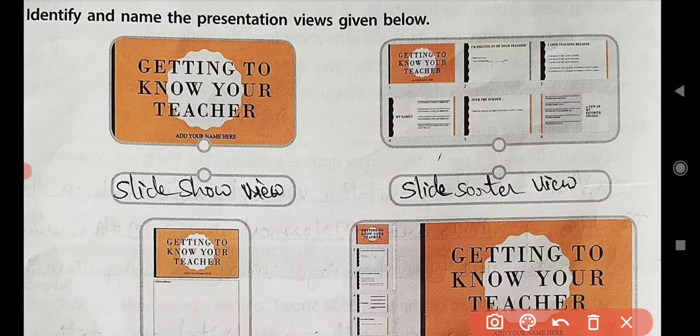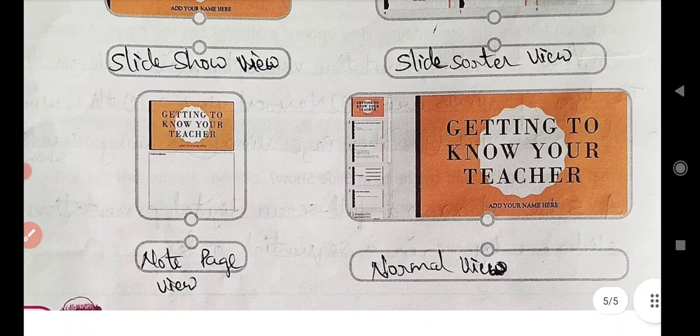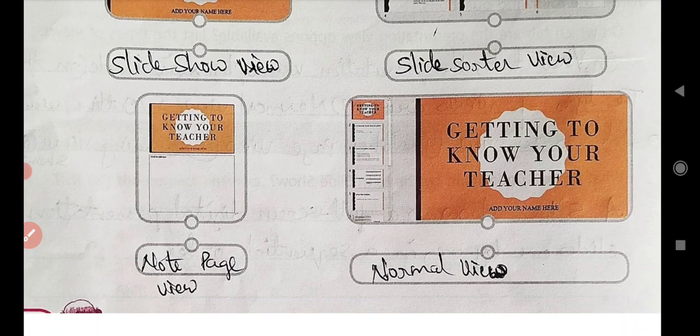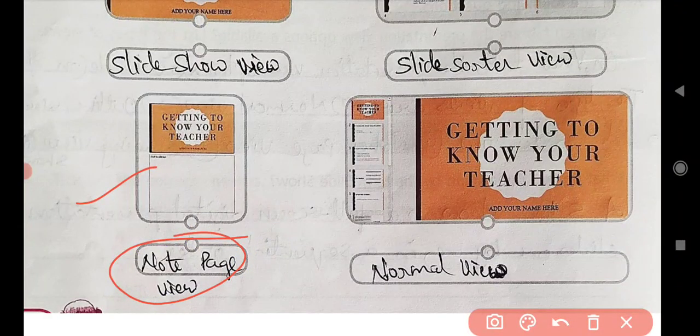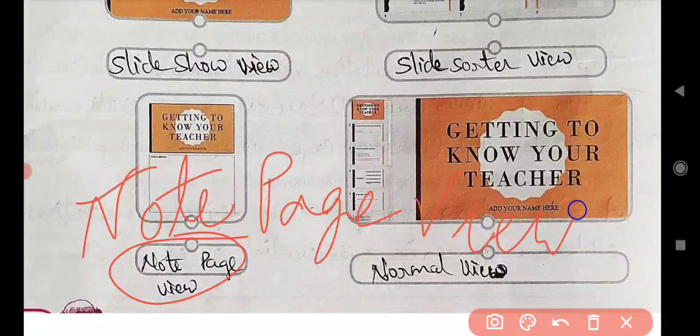Come to the next. This is the note page view. Third one is note page view. Spelling is N-O-T-E, note, P-A-G-E, page, V-I-E-W, view, note page view.